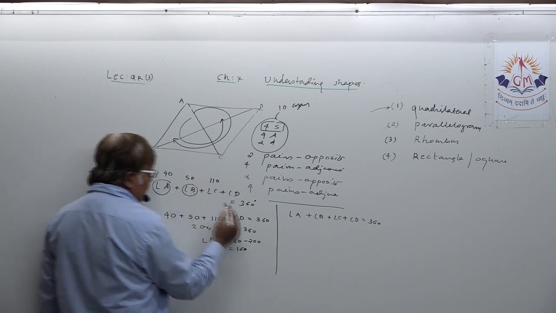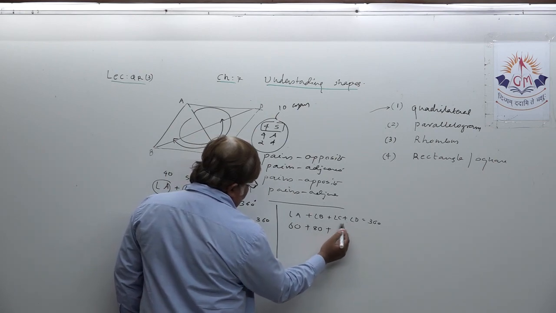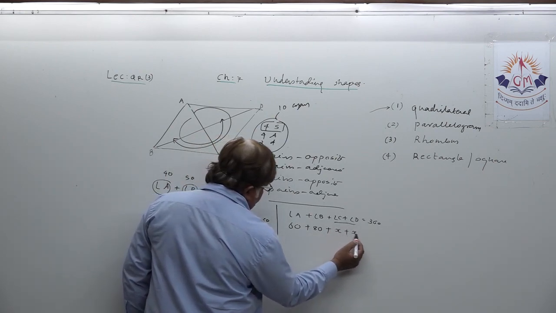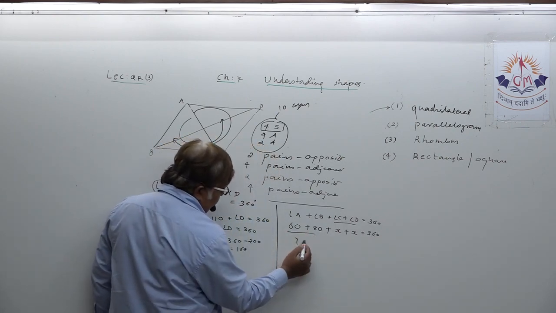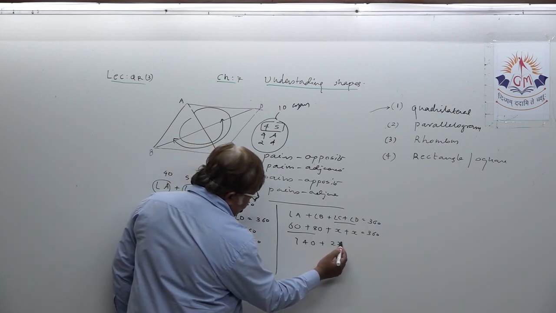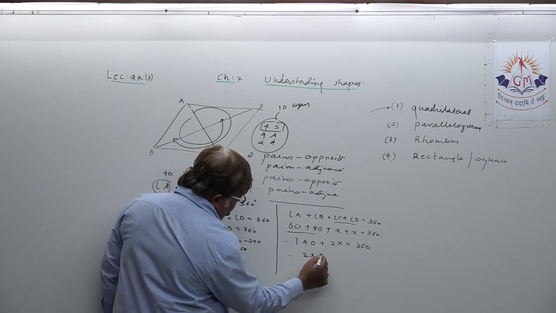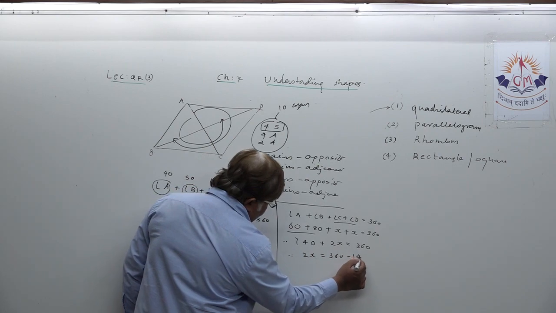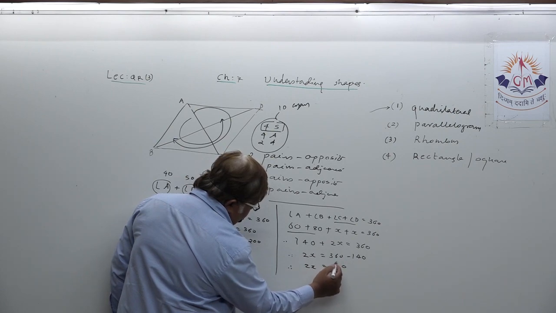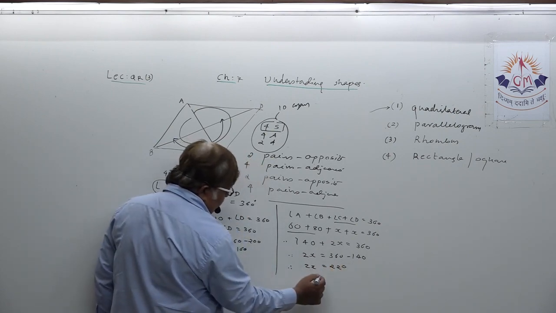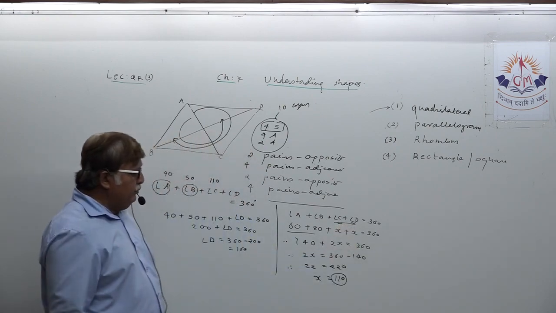Angle A and angle B are given, 60 and 80. The rest of the two angles are equal, so you can take them as x. Now 60 plus 80 is 140. x plus x, that is 2x, equal to 360 minus 140. So 2x equal to 220. Just divide it, you will get 110. So both angles are 110.